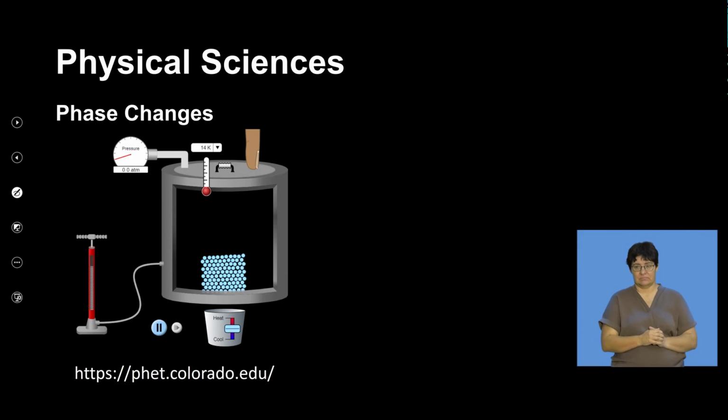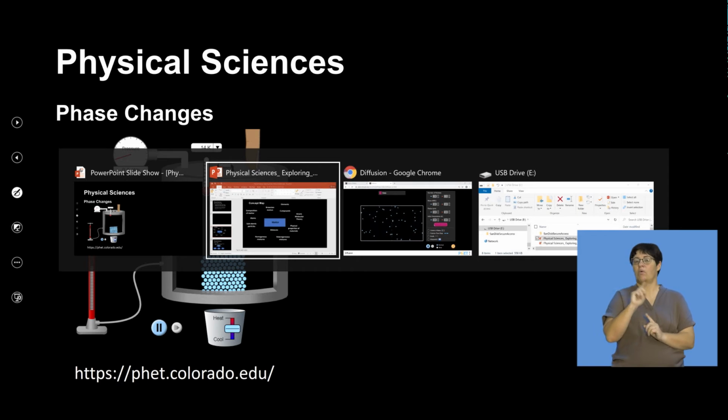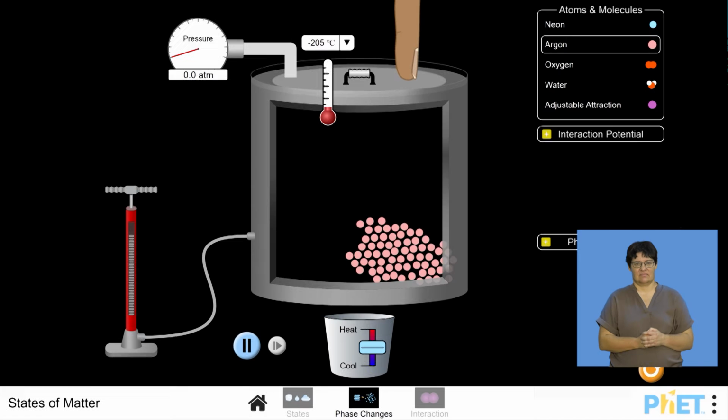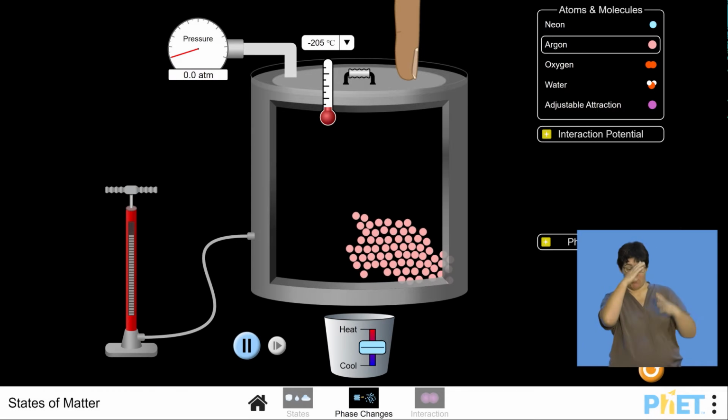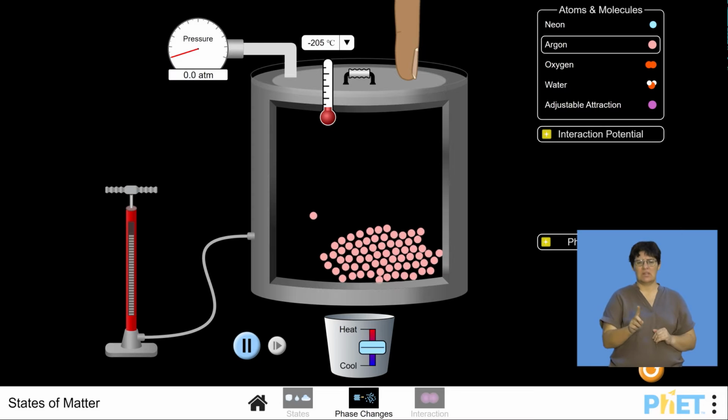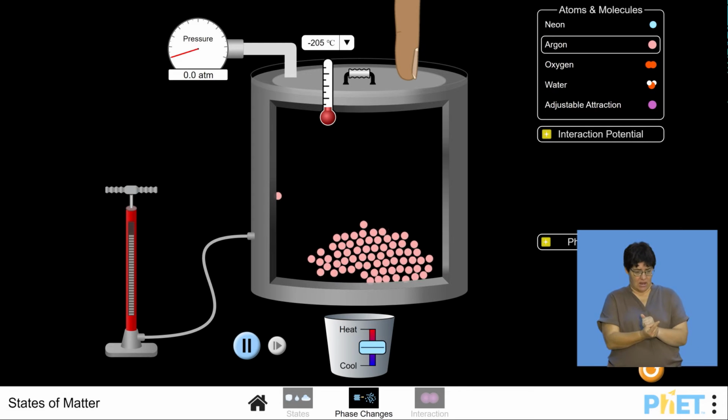Okay, now we'll go to that simulation to look at what exactly happens when you talk about the energy involving the particles of a substance and energy change. So now if we focus our attention on the simulation to try and understand what exactly happens between the three states of matter.